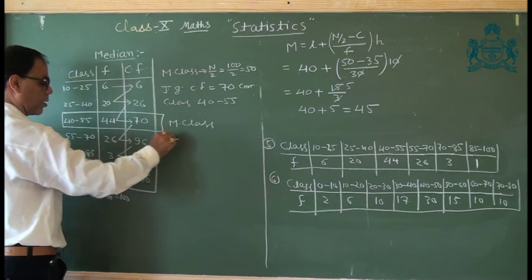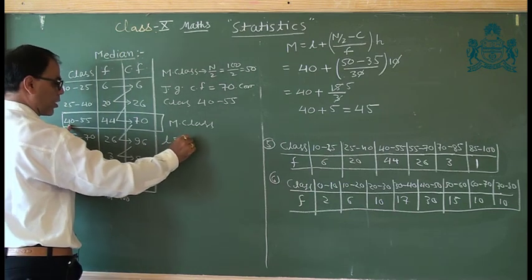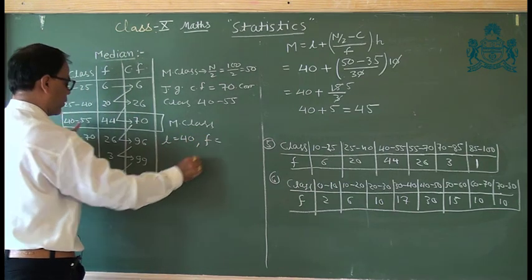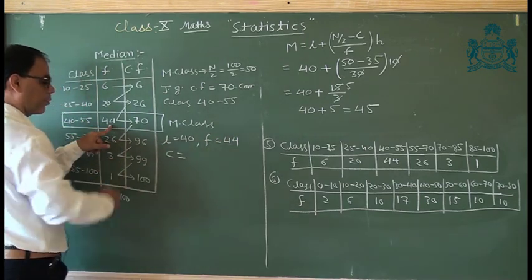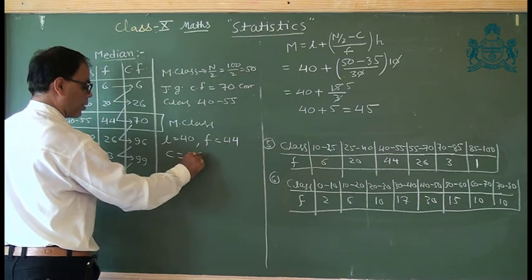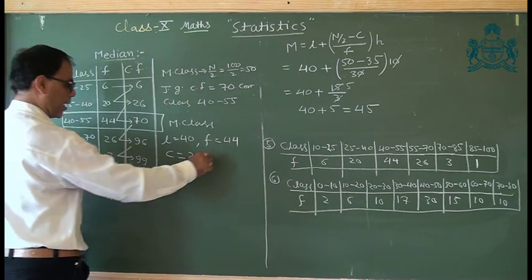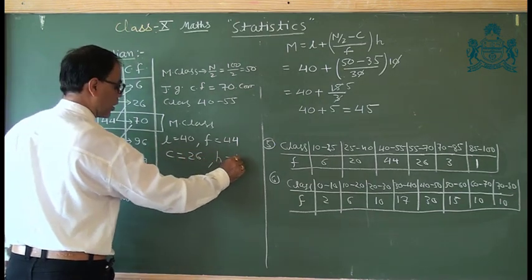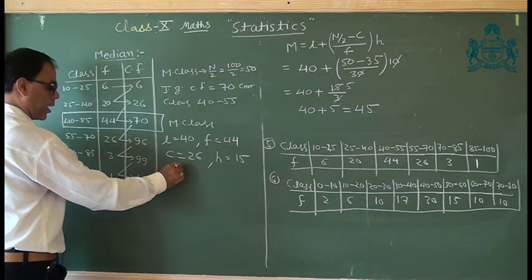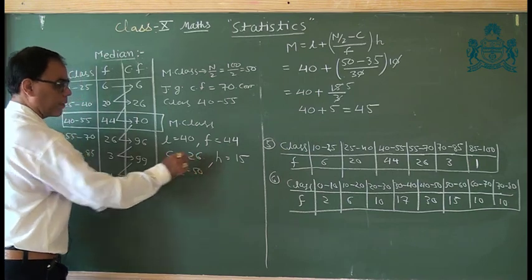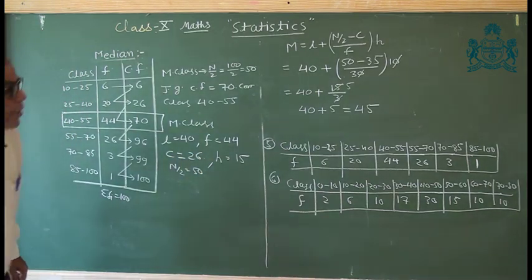L, lower limit of the median class, 40. F, frequency of the median class, 44. C, cumulative frequency, 26. H is the difference of lower limit and upper limit, 15. And n by 2 is 50. Put the values in the formula and find the median.